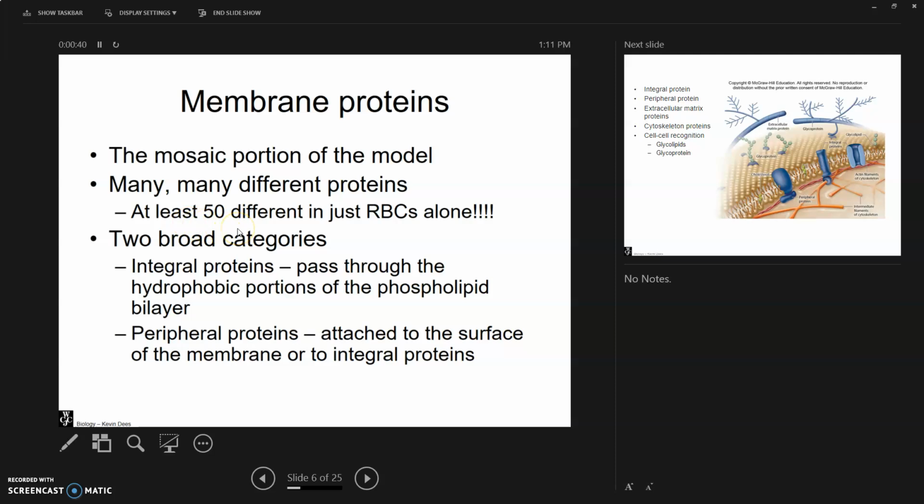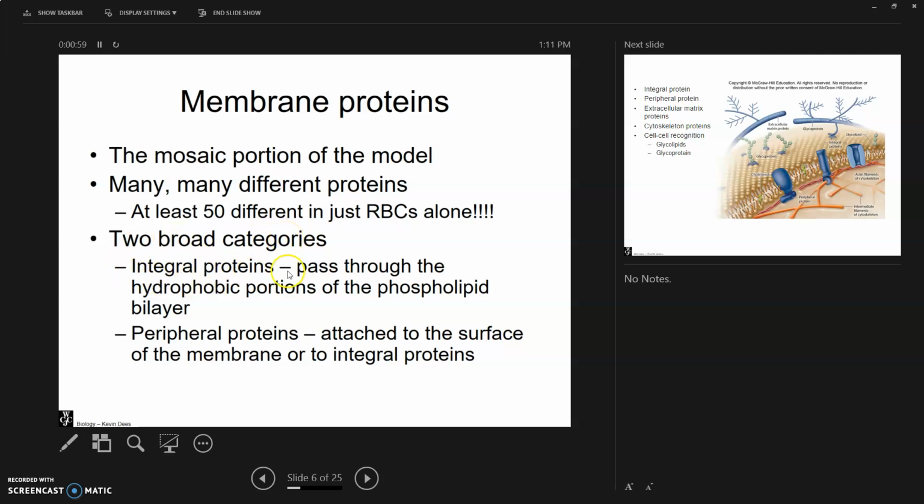And we'll see some of these functions in just a moment. But just for instance, there are maybe 50 different membrane proteins forming the surface of our red blood cells alone. Now we can break these membrane proteins into two broad categories.